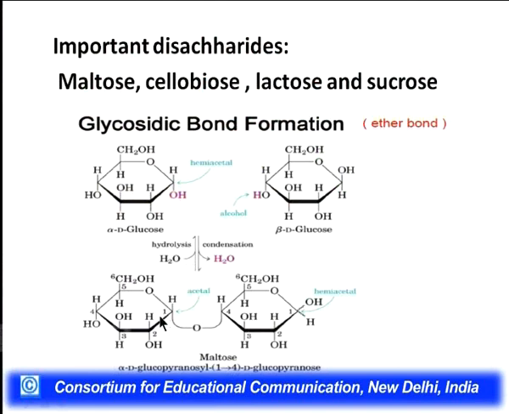The second thing to keep in mind is that one is indicating the position of the anomeric carbon, and it is forming a bond with the OH at the fourth carbon. So here we've indicated that carbon number 1 of one monosaccharide, the anomeric carbon, is reacting with the hydroxyl group on the fourth carbon, resulting in the formation of a glycosidic linkage, that is maltose.